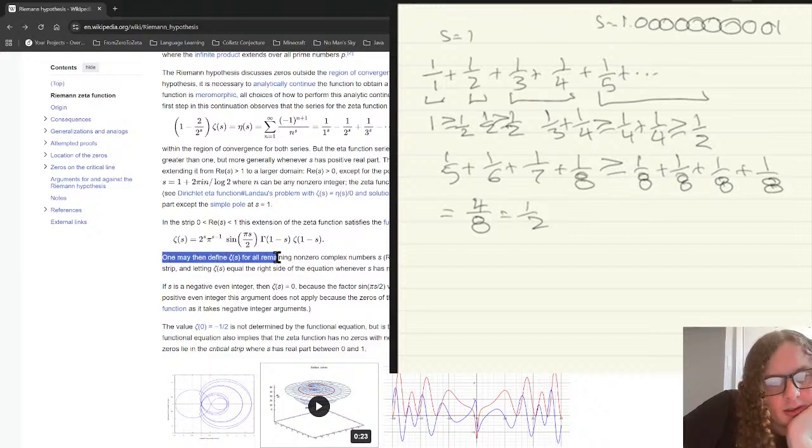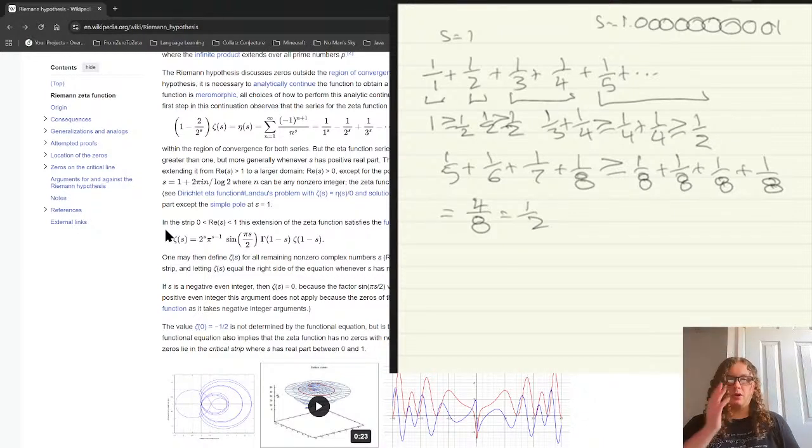Oh, I see. Okay, so it may be defined for all remaining non-zero complex numbers. So for the real part of s less than or equal to 0 and s not equal to 0, we can apply this equation outside of the 0 to 1 strip, which, by the way, is called the critical strip, because that's where we don't know if there are any zeros of this function that don't have real part equal to 1/2.